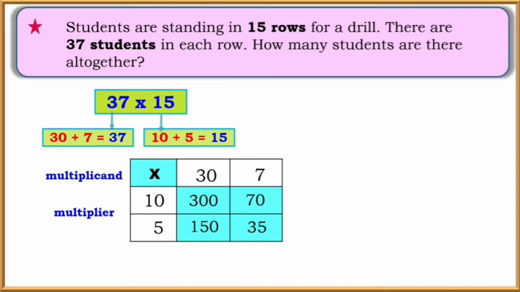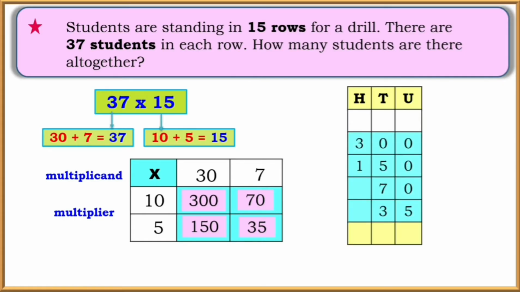Now let us add these numbers. 300, 150, 70 and 35. So let us add unit place first. So 5, then tens place. 5 plus 7 plus 3 is equal to 15.